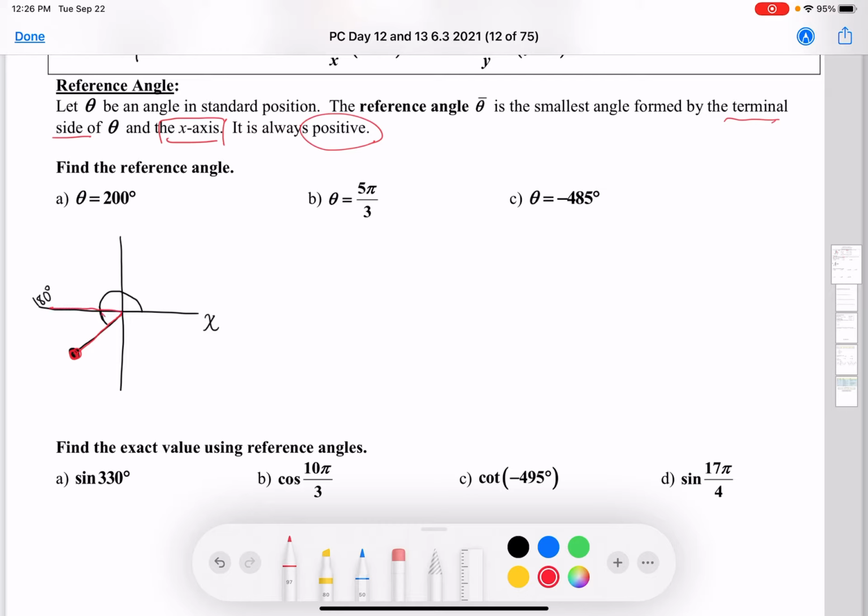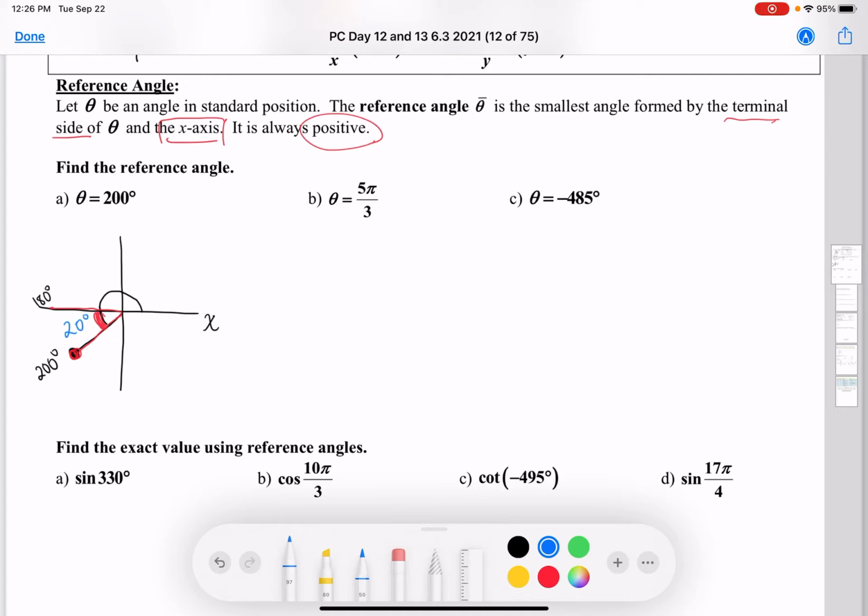So see, I've created an angle there. Well, I know that if this was 200 degrees all the way around, the difference between the 180 and 200 would make this reference angle 20 degrees.